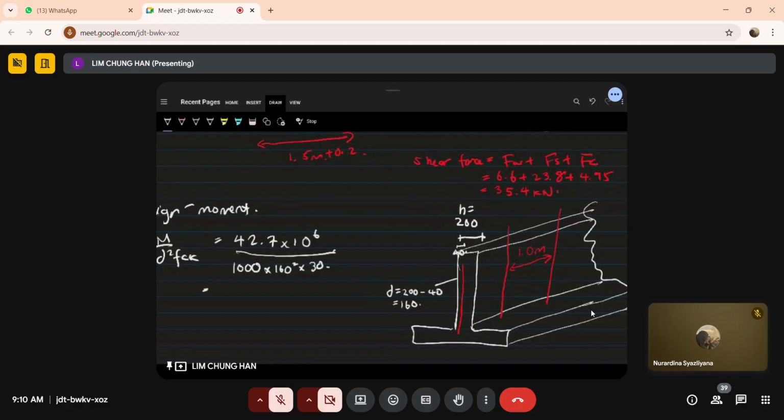So 42.7 divided by 1000 divided by 160 squared divided by 30, the concrete grade.